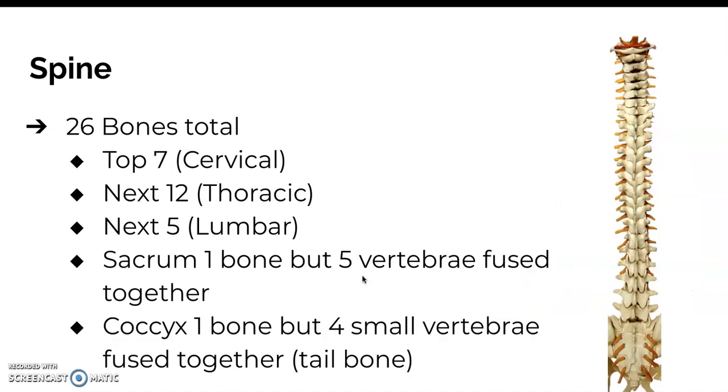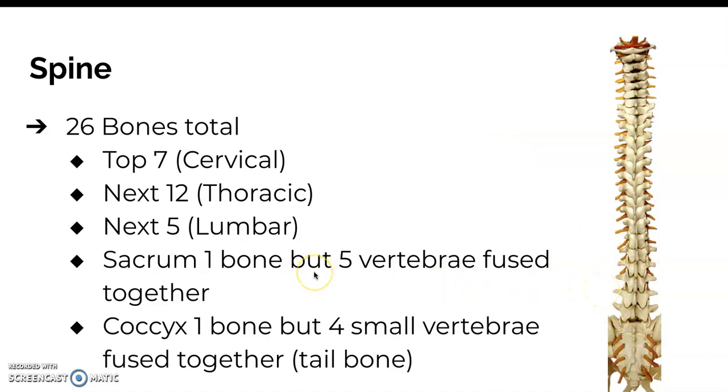And then we'll talk about the spine, which is made up of 26 total bones. The top 7 are your cervical bones, up here, which make up your neck and connect your skull to your back. The next 12 are the thoracic bones. The next 5 are your lower ones, the lumbar, which are the bigger ones.